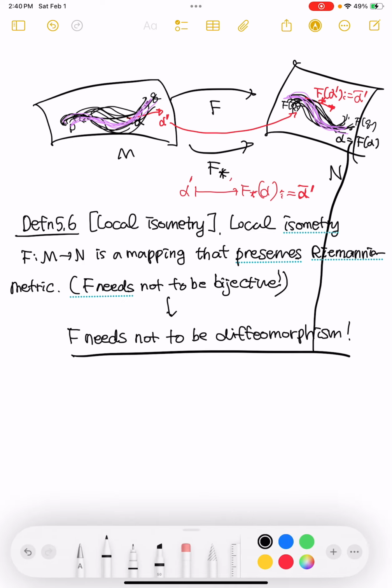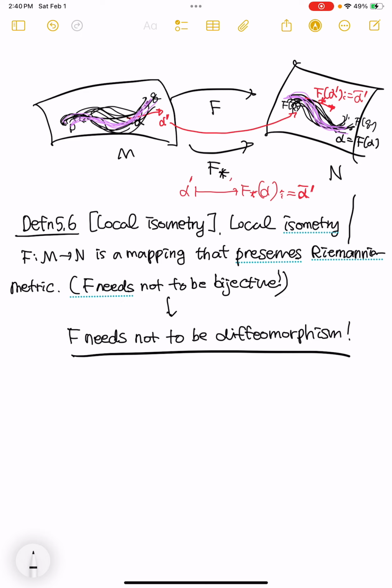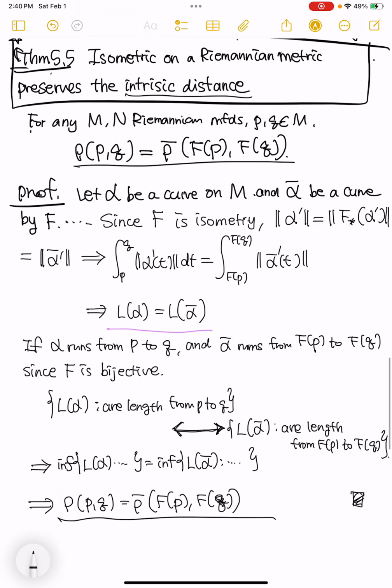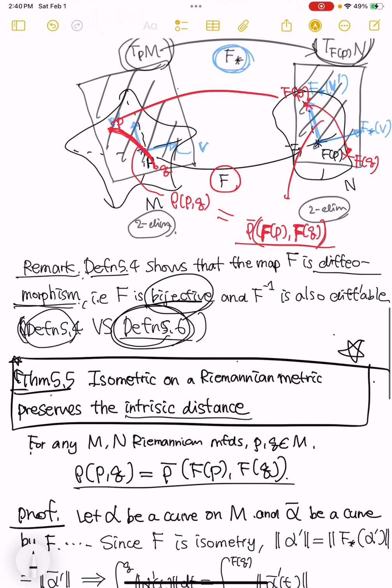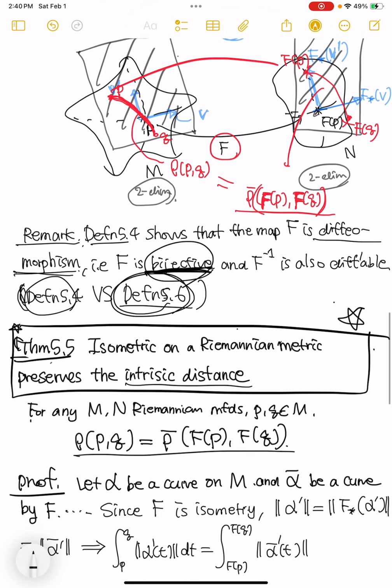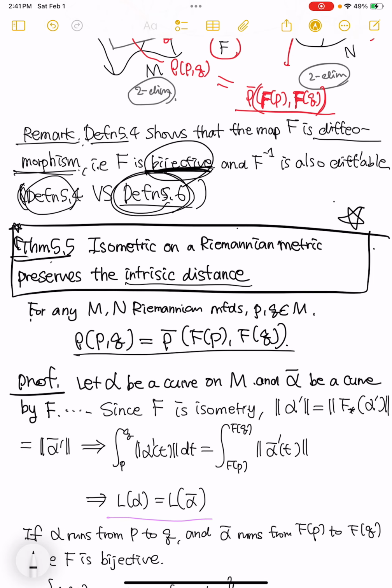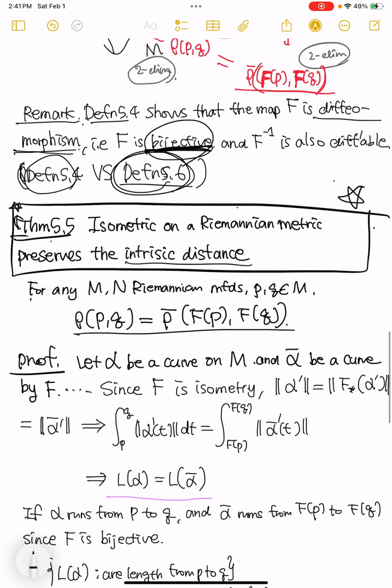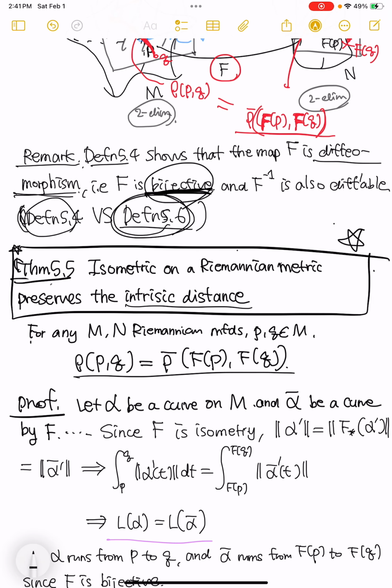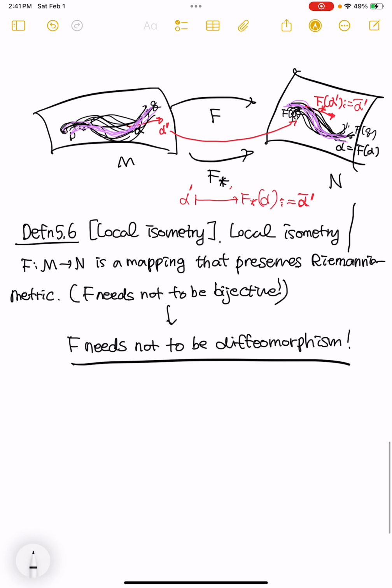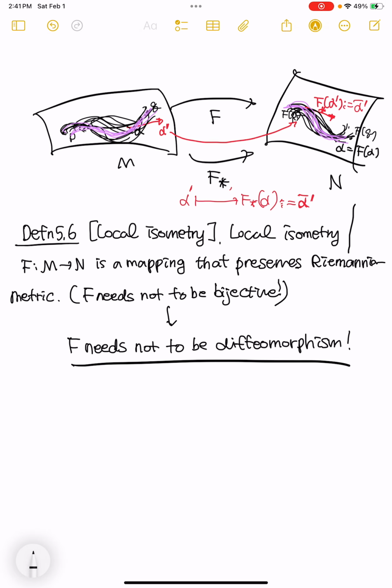When we compare to the definition of diffeomorphism, that condition is absent in a local isometry. F needs not to be a diffeomorphism.